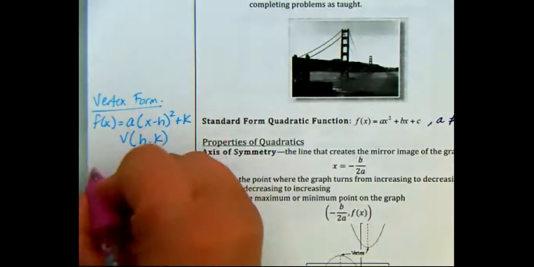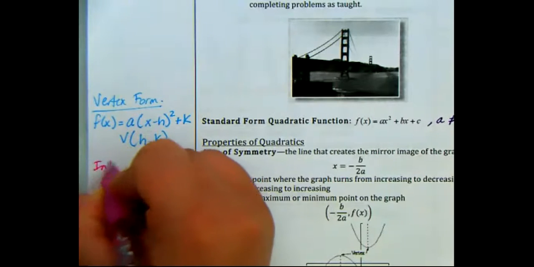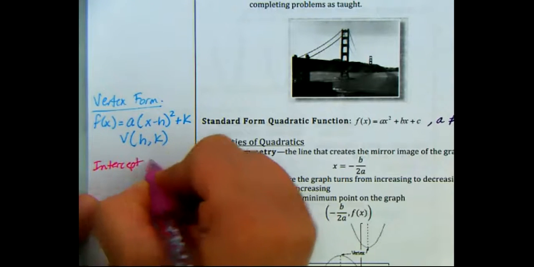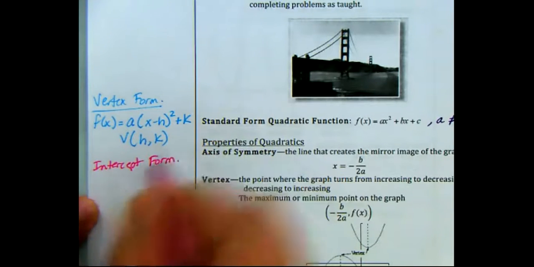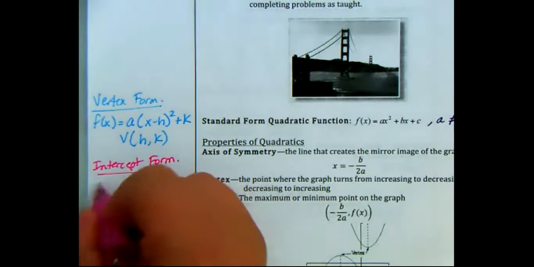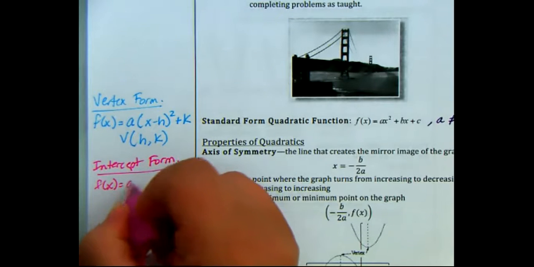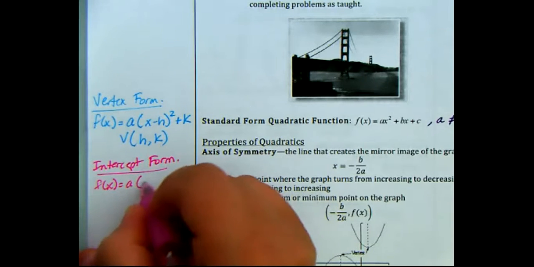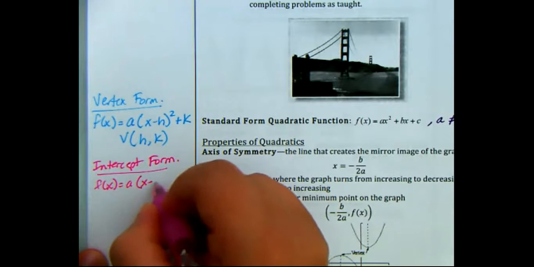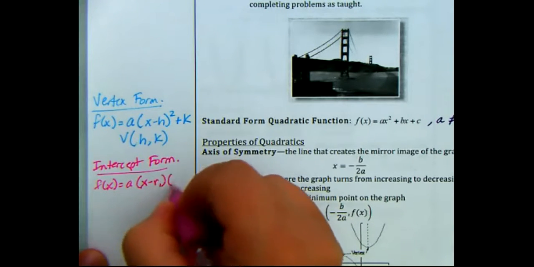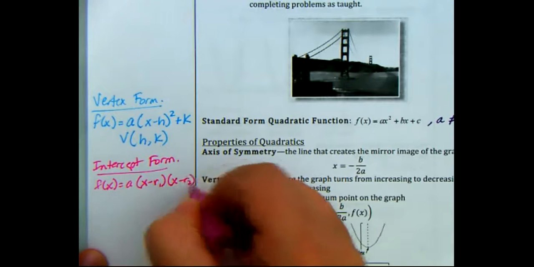And then we had intercept form. If you guys remember intercept form. Okay, intercept form, we had f of x is equal to a times x minus R1, right, for roots, and then x minus R2, just like that.